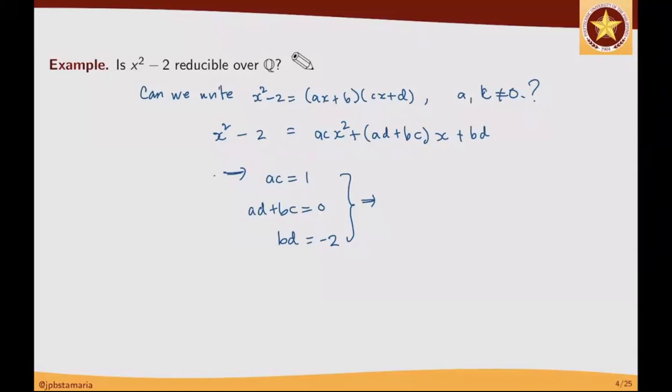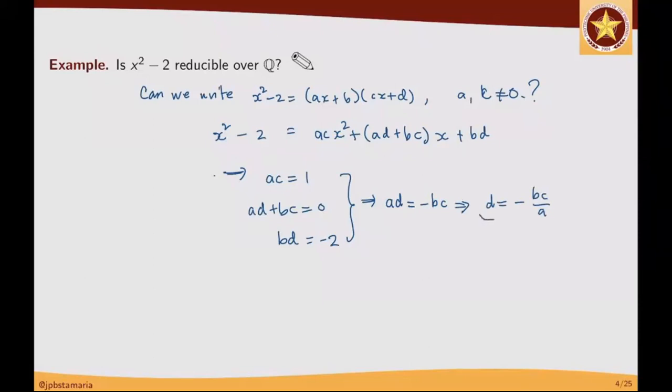Ang AC ay 1. Oh, wait lang. Dito, ang AD ay equal sa minus BC. So, ang D mo, when you look at D, I can write it as BC over A. I can divide by A because I know that A is not 0.